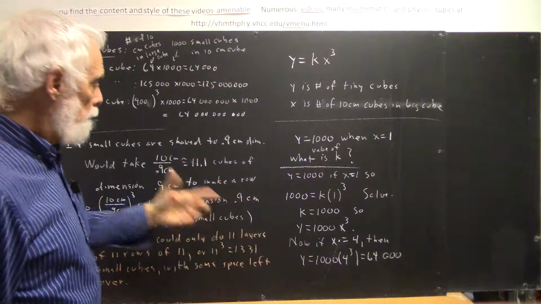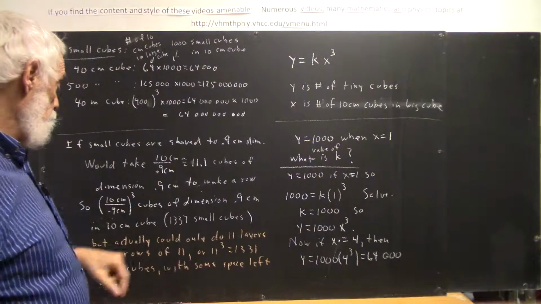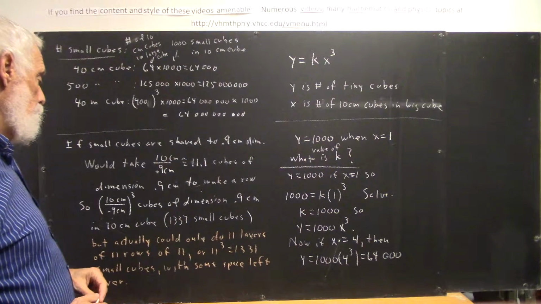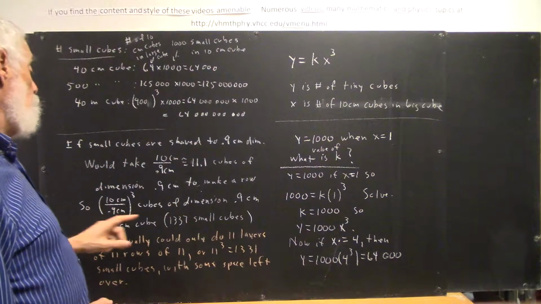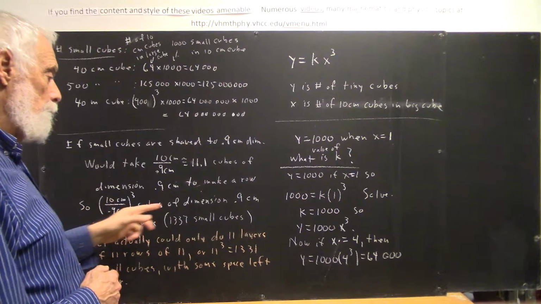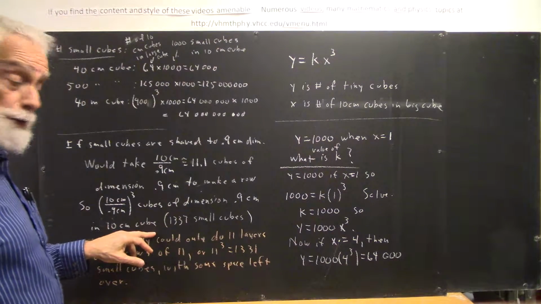And then we're going to need the same number to make a layer and the same number of layers. So if we take this ratio and cube it, we should, we don't, but there's a caveat here, we should see that it takes this many cubes of dimension 0.9 centimeters to fill a 10 centimeter cube.